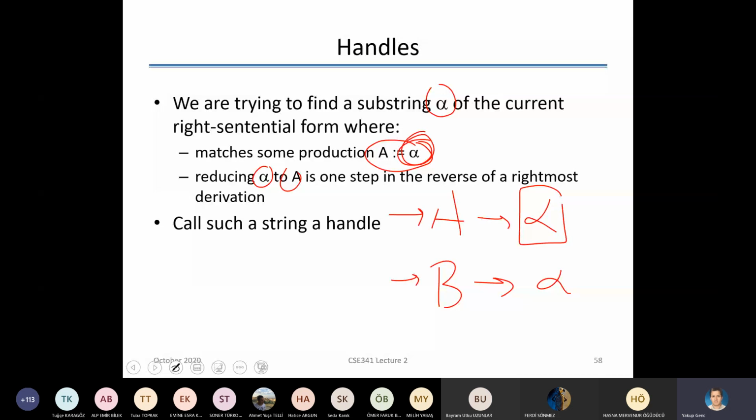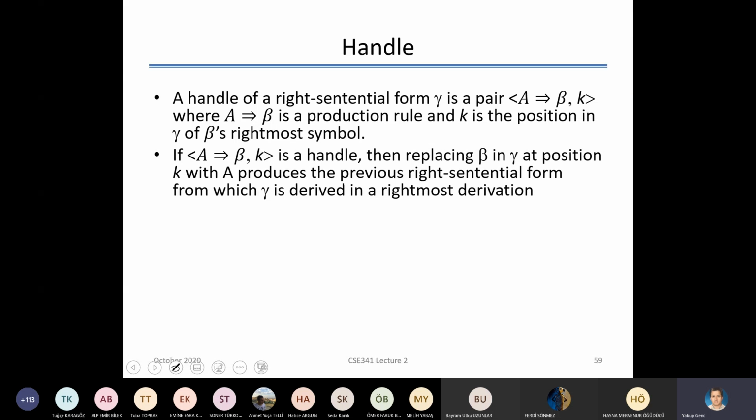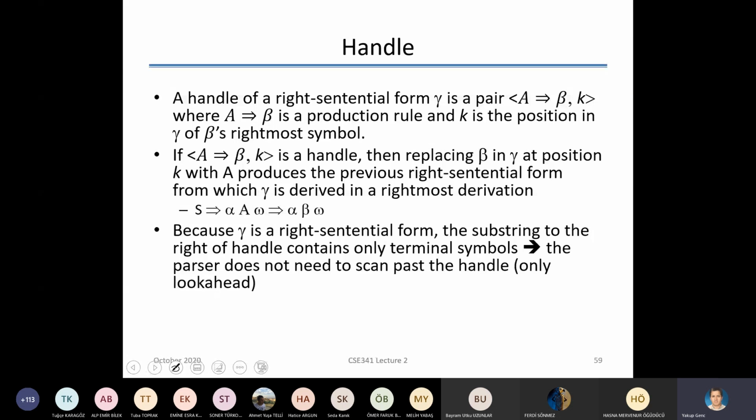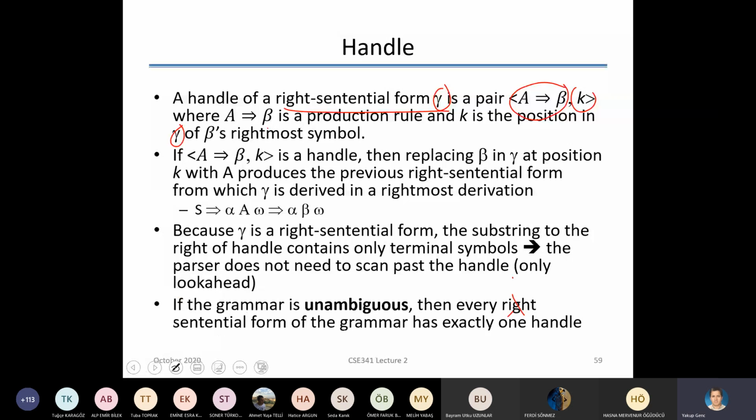Now, a handle of a right sentential form lambda is a pair, A goes to beta and a K, where A goes to beta is a production rule, and K is a position in lambda where beta's rightmost symbol is.